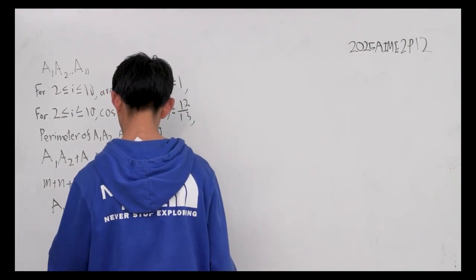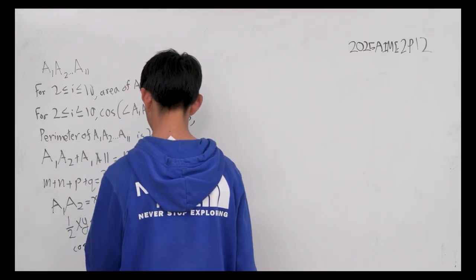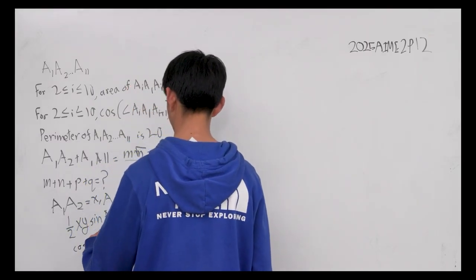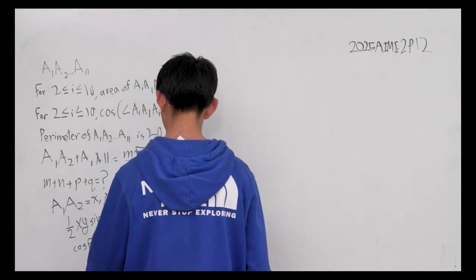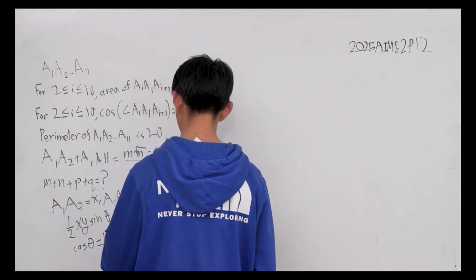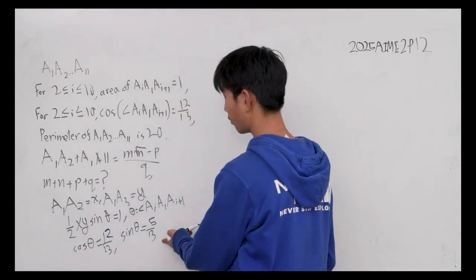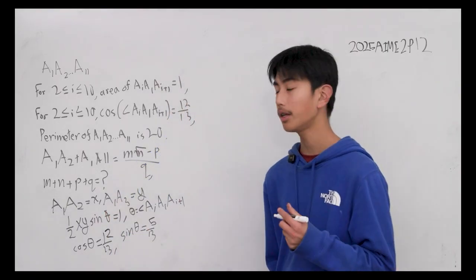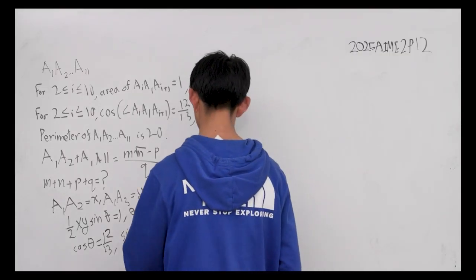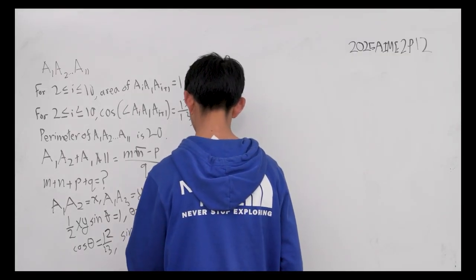Cosine theta is equal to 12 over 13. We know that means sine theta is equal to 5 over 13. Therefore, plugging this in here, we can isolate xy, which is going to be equal to 26 over 5.